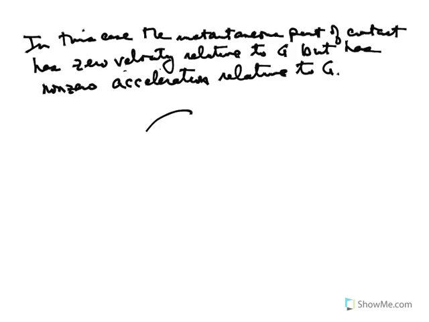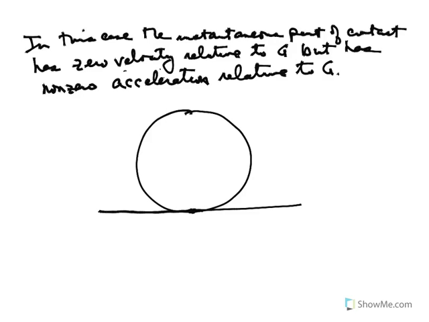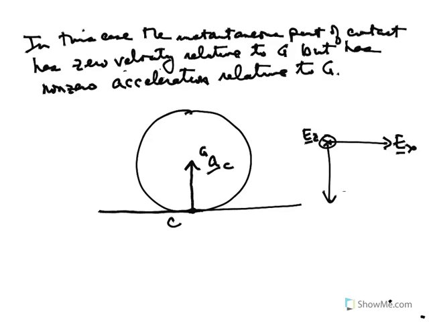So if I draw the picture of the disk again, here's the disk, and here's the ground, and then here's this point C. It turns out that the acceleration of point C as viewed by an observer fixed to the ground is in that direction. Because remember, my coordinate system was set up so that I had EX this way, I had EZ into the page, and then I had EY that way.